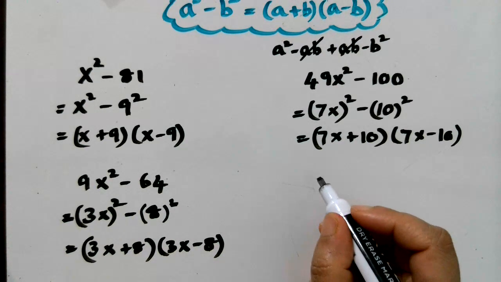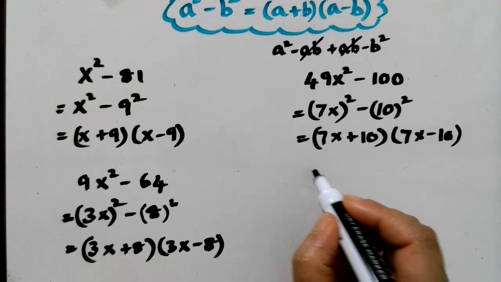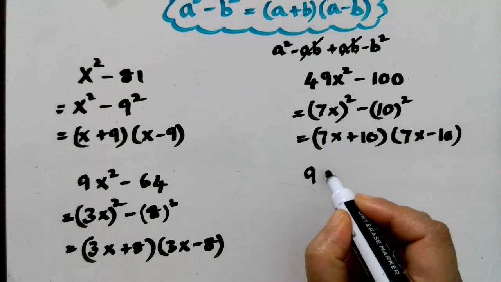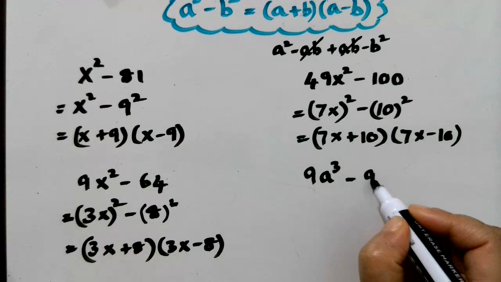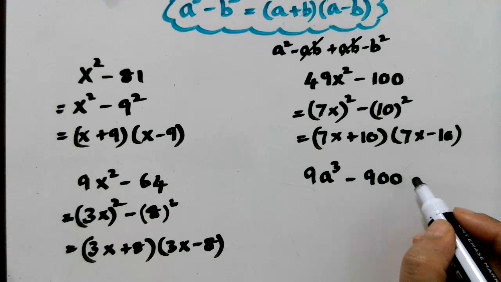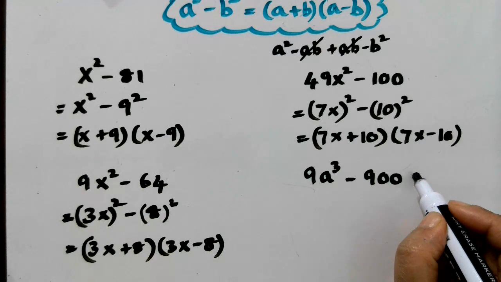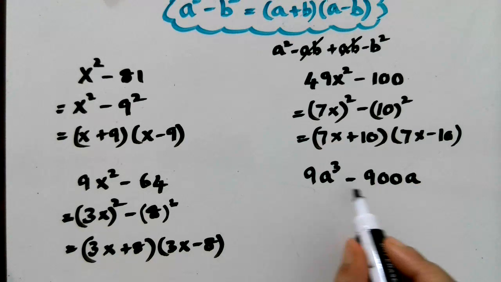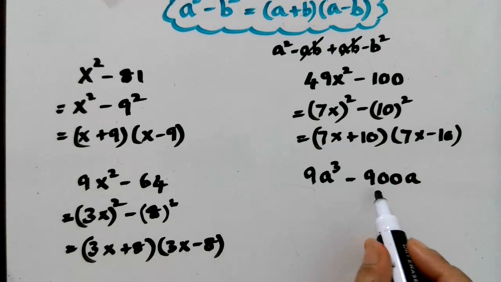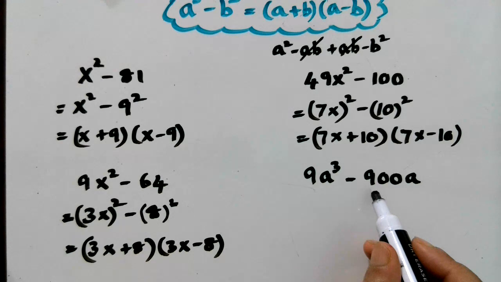Let's do something challenging now. 9a cubed minus 900a. Okay, this is not a difference of squares.